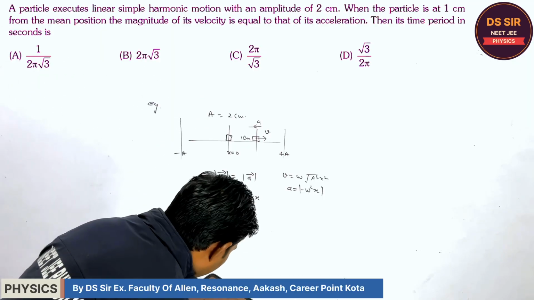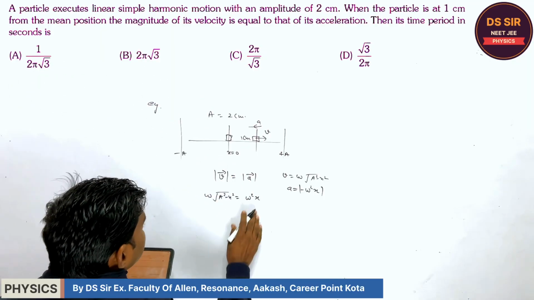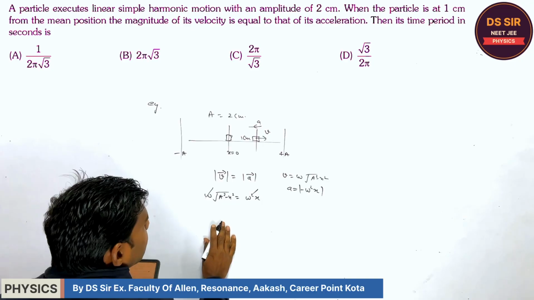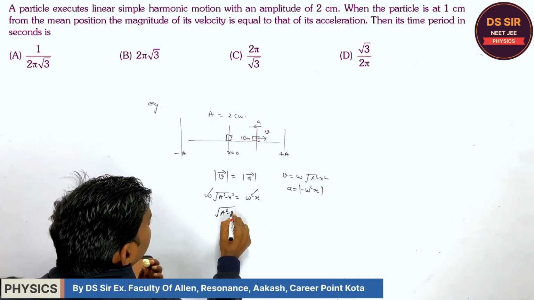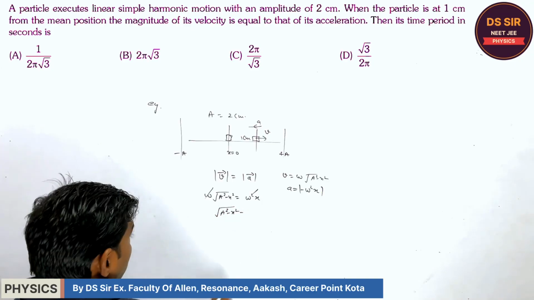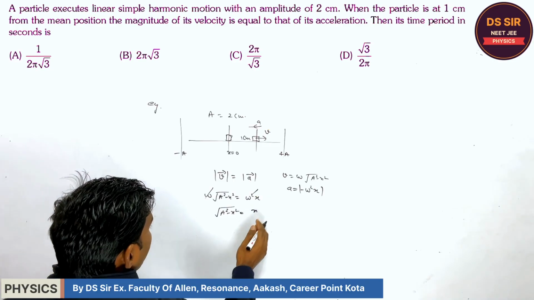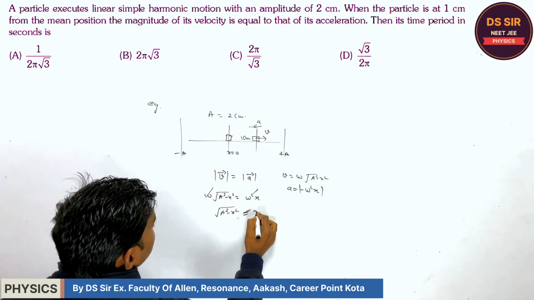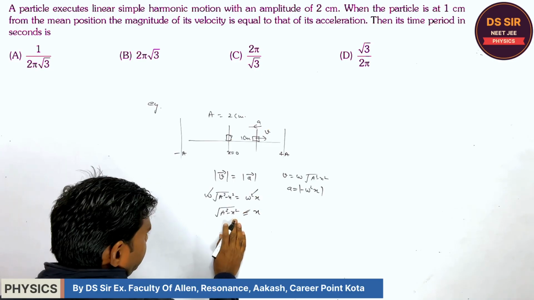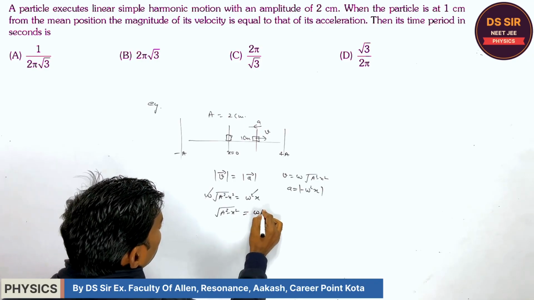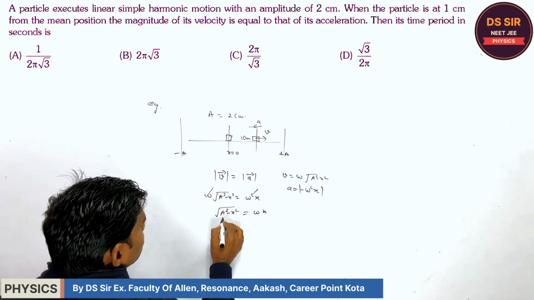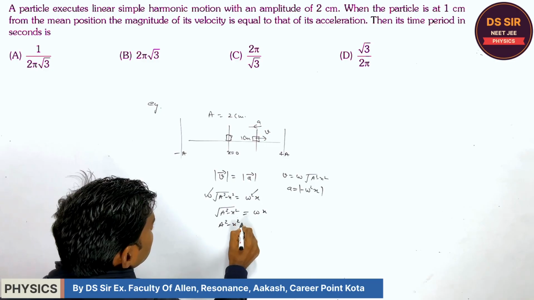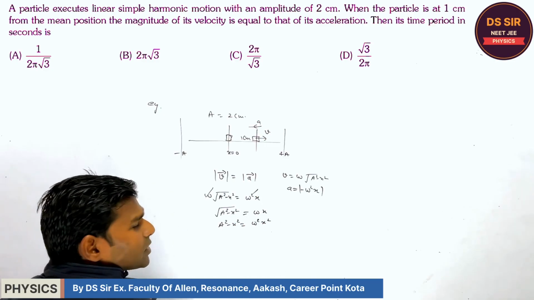What they are asking is the time period of the oscillation. So one omega will cancel out. So root a square minus x square is equal to x into omega, right? If you square, this is equal to omega square into x square.